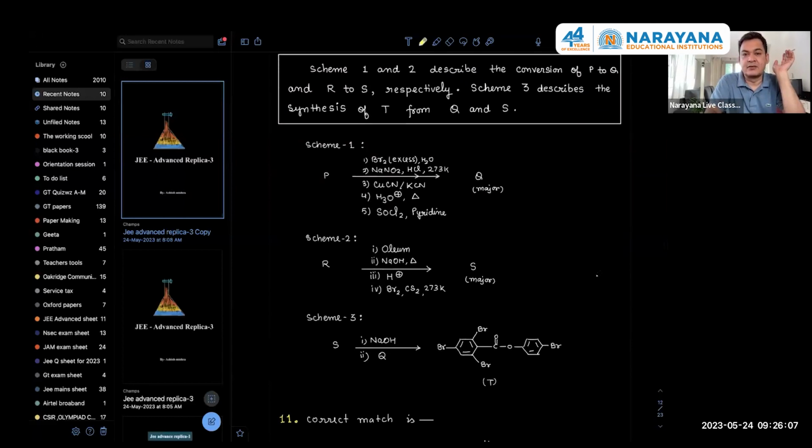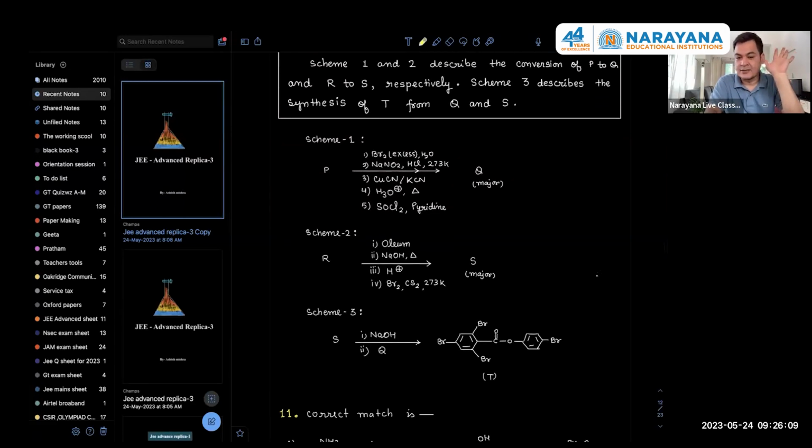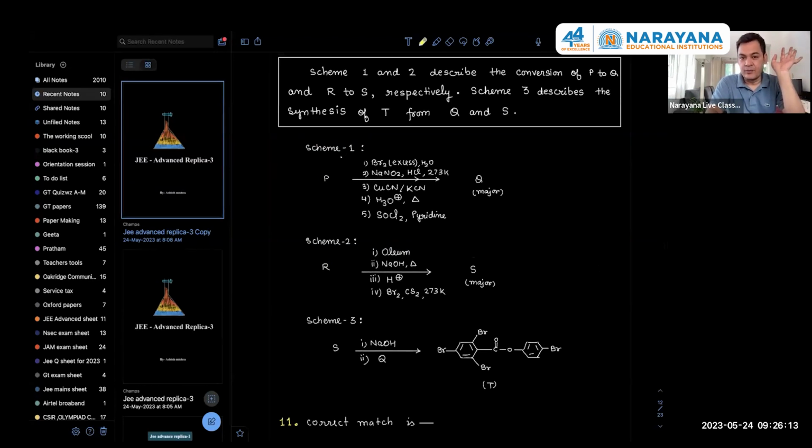Now see this question. This question is actually a good one. What is the question? Scheme 1 and 2. This is again a replica of what I have prepared. Please see carefully. Scheme 1 and 2 describe the conversion of P to Q and R to S. That's a simple thing only.